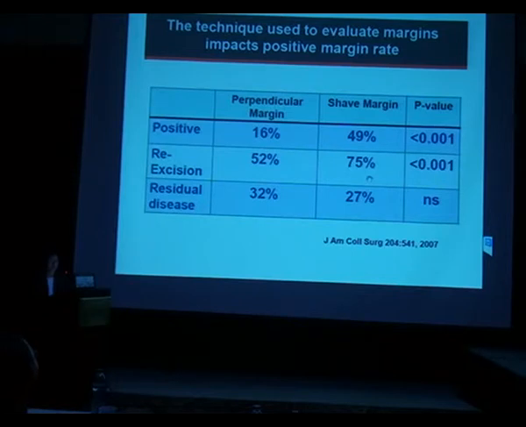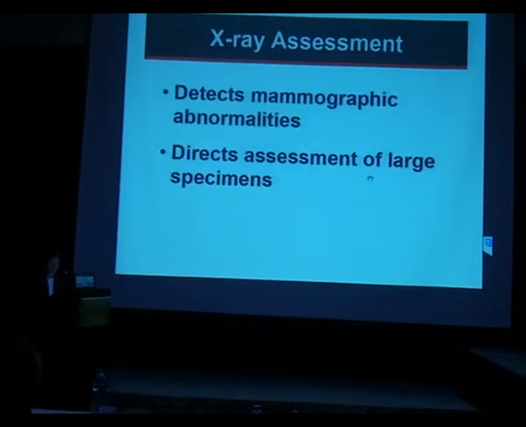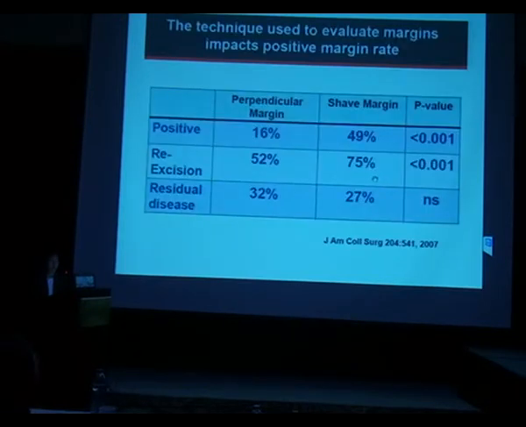The reported series show that there is a difference in terms of positivity rate and re-excision rate between the shave and perpendicular margins. But when you look at the important, biologically important parameter, which is what percent of the time we find residual disease in the re-excision, there is no difference.